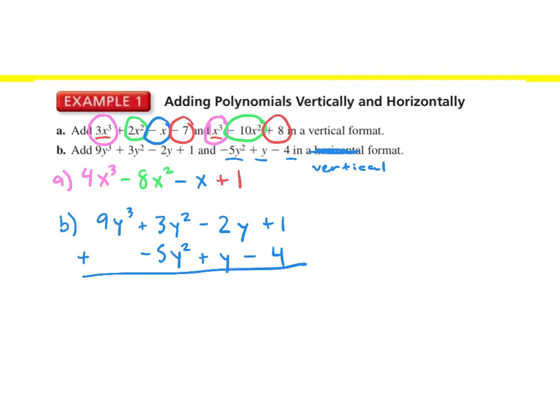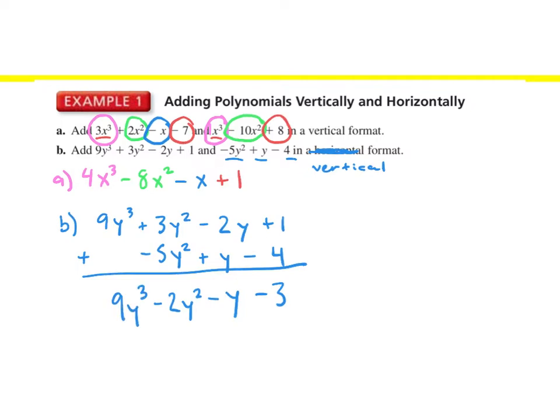So here we have 1 minus 4, so this is negative 3. Negative 2y plus y is negative y. 3y squared minus 5y squared would be negative 2y squared. And then 9y cubed, we don't have anything to add with that, so it's just 9y cubed.